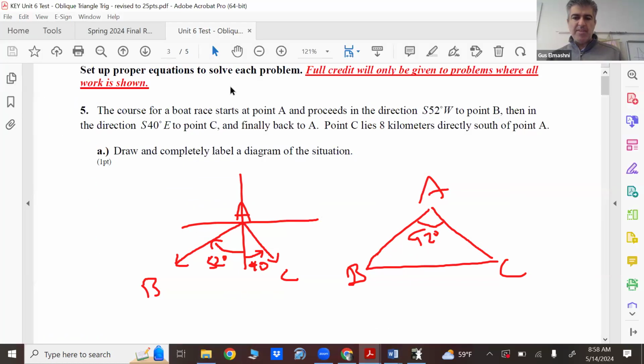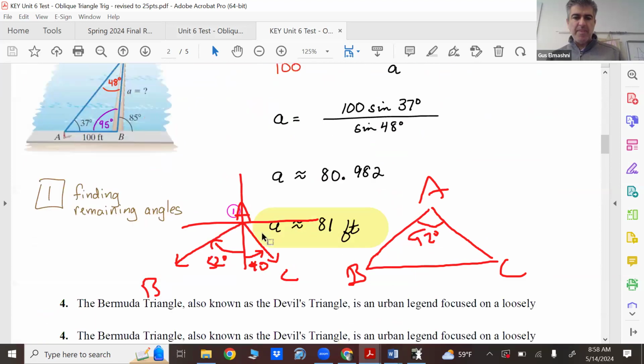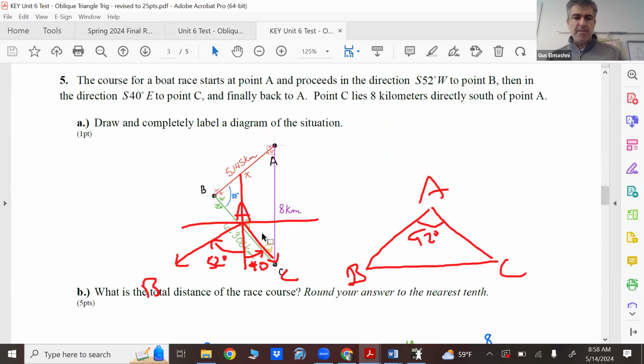Because I feel like we need a distance, unless I'm missing something here. Wait, it doesn't make any sense. You're pointing south and going 52 degrees west. Something seems off here, and I don't know why.